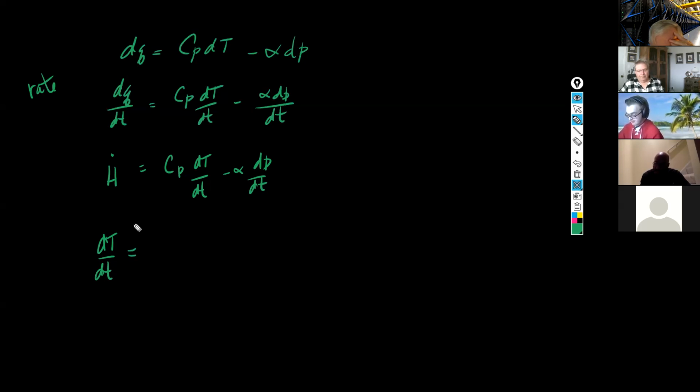Minus h dot over Cp. Let's think of it this way. Rather than the minus sign, let's keep the dT/dt over there and just bring this over so everything's positive. Okay. Can I do that? Why not? You're the teacher. So this will be h dot over Cp, and then what would this one be?